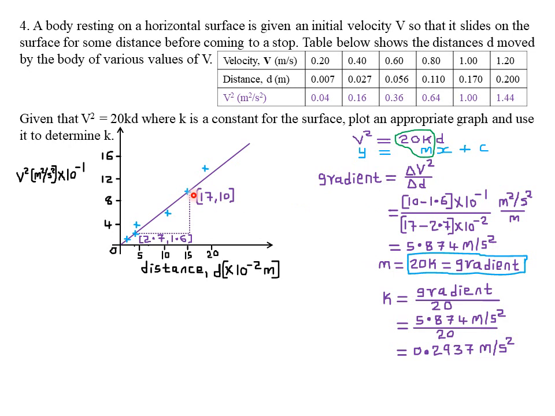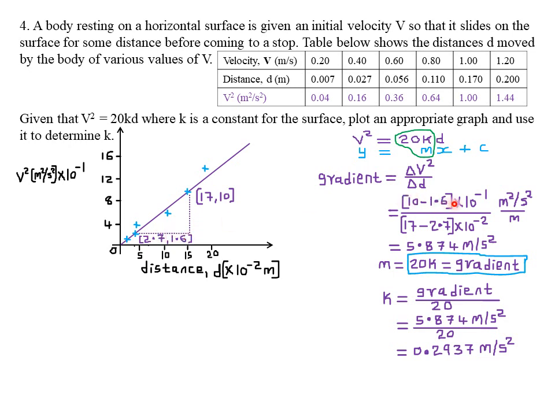If I take two typical points, for example, this point and this point, I want to use these two points to calculate the gradient. Therefore, the gradient is the change in v squared. At this point, the value of y is 10, then the value of y for this other point is 1.6.